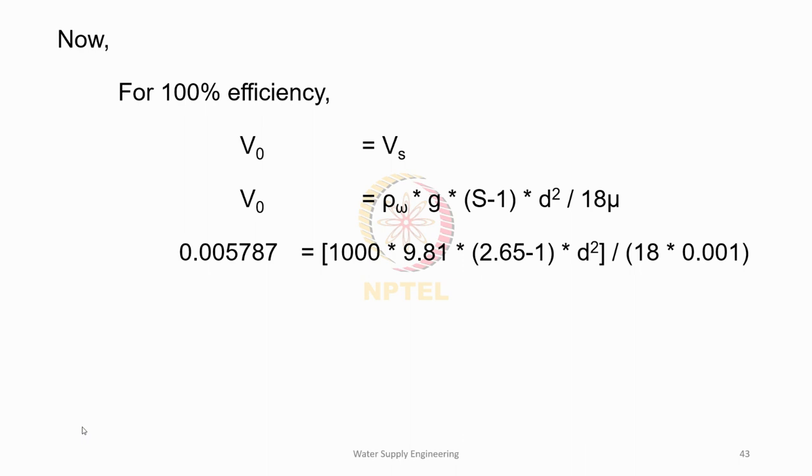So these things all come under the division itself. We need to take the square root of this particular value, which will give d as 0.080221 mm.